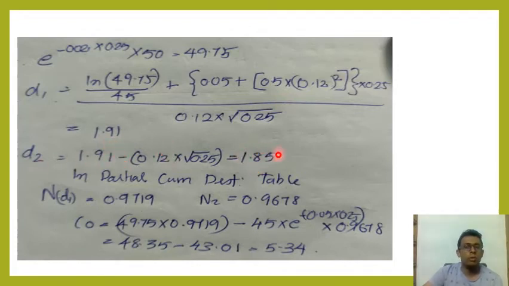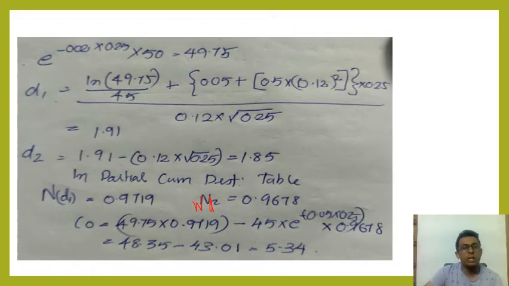And d2, again substituting this, we get 1.85. If you see the partial cumulative distribution table, N(d1) corresponding to 1.91 will be 0.9719, and corresponding to 1.85 will be N(d2), which is 0.9678. Okay, so that's it, and we'll be valuing the call after that.